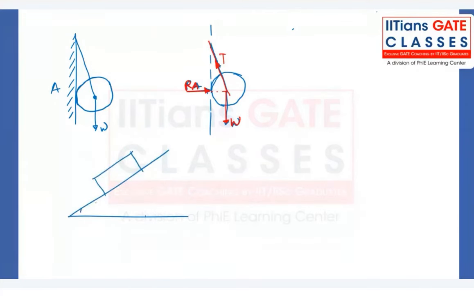Okay, this is an inclined surface. A block is kept on it, and P is the force which we are applying, and it is at an angle theta. So how will the free body diagram look? Okay, so this is the block.